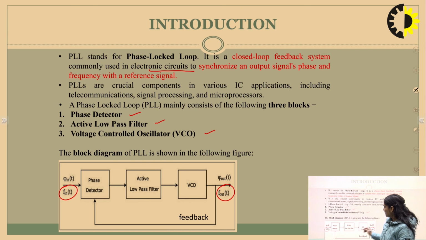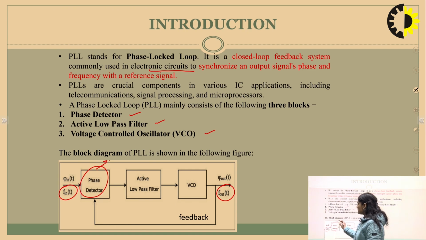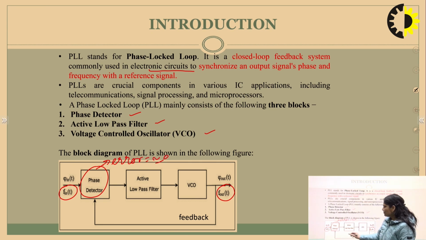When F out is equal to F in, the phase detector is used as a comparator here. When we are comparing F out and F in, error should be 0. There is a feedback between output frequency and input frequency. So, this is the working of this PLL, where we have to match output frequency with the input frequency, and error should be 0.